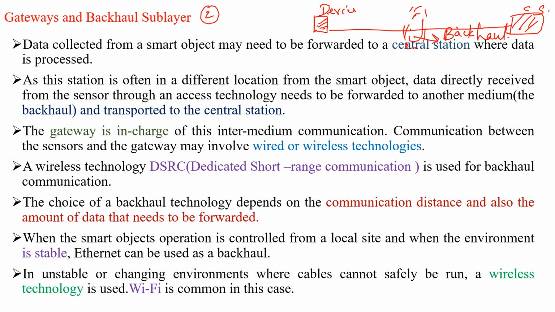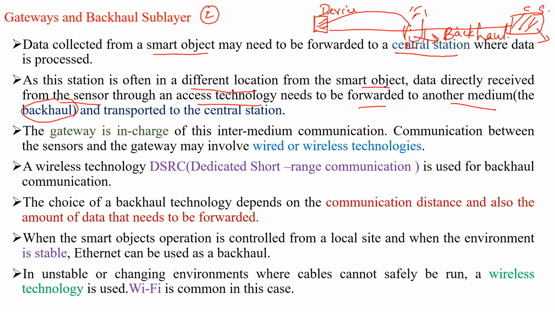So the data collected from a smart object may need to be forwarded to a central station where the data is processed. As this station is often in a different location from the smart object, data directly received from the sensor through an access technology needs to be forwarded to another medium, that is your backhaul, and transported to the central station.